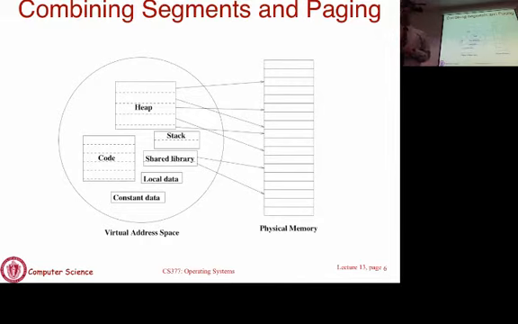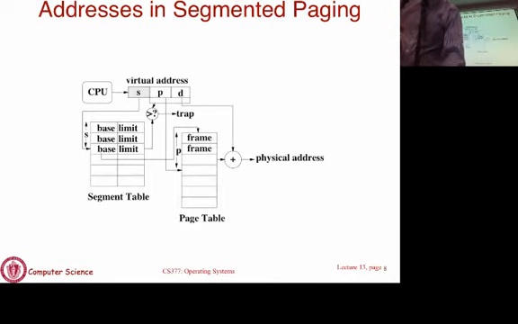Okay, how do you share segments? First thing is, of course, you can take all the pages of that shared library and have pointers going to the same pages, just as we did for paging. But there's a smarter way to do this. You can essentially just share the page table. So let's say there are two processes. They both have segment tables. Both of the segment tables can point to the same page table.